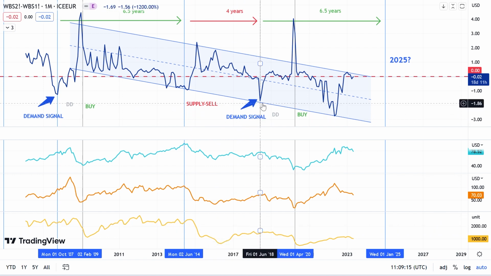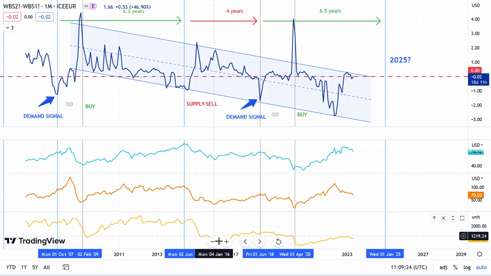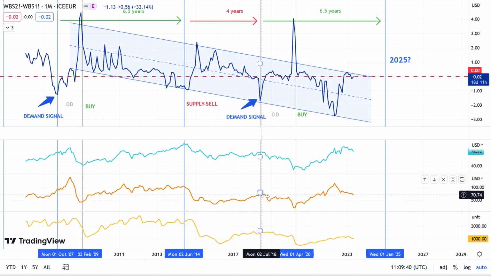Then in 2018, summer of 2018, again we see a signal for higher demand, because by now we'd had a few years in which the number of rigs had been significantly lower, meaning less supply. Oil price had started to pick up gradually from the bottom in 2016 of around $40 up to about $70 in the summer of 2018.